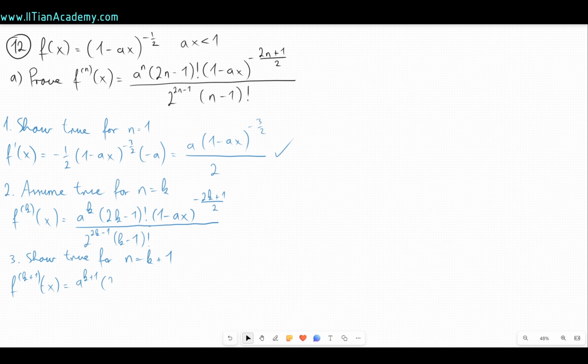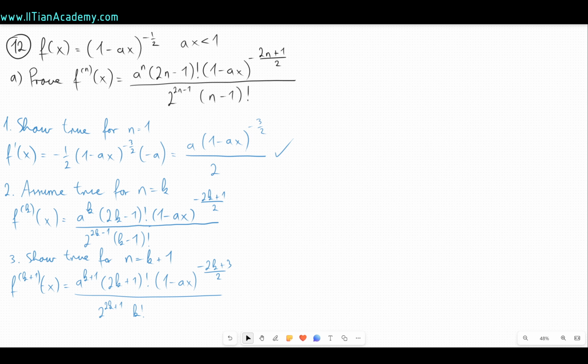So this will be 2k plus 1 factorial times 1 minus ax to the power of minus 2k plus 3 over 2, divided by 2 to the 2k plus 1 times k factorial.